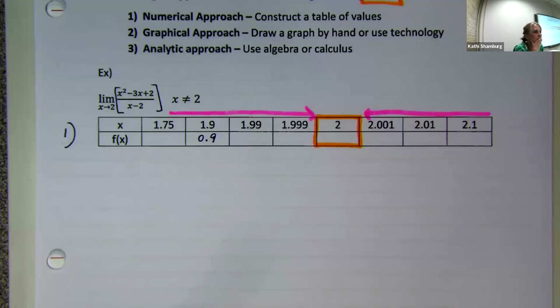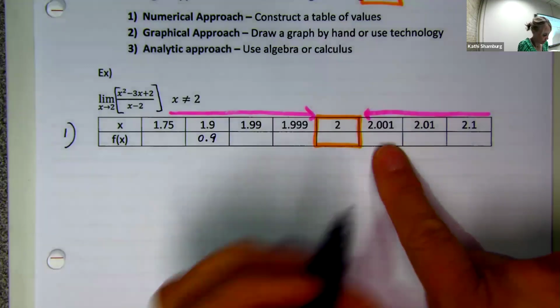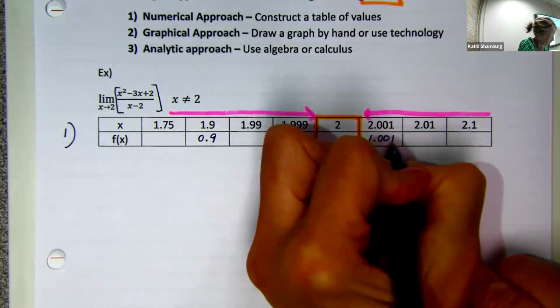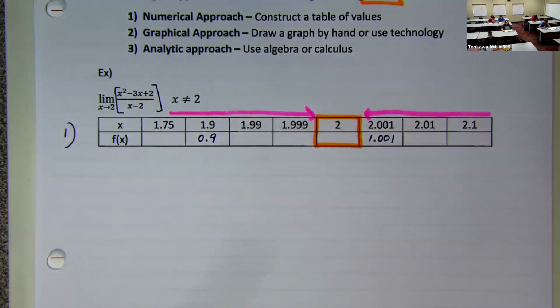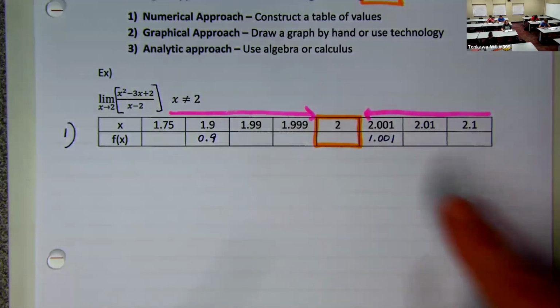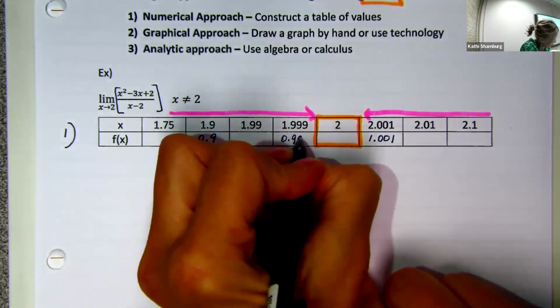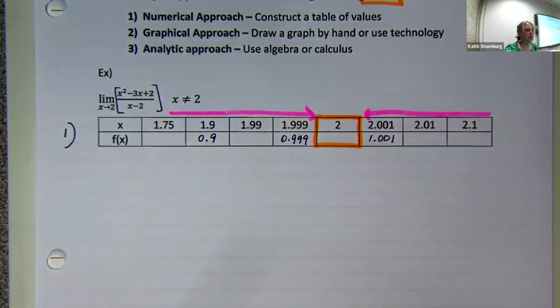I have the 2.001. I got 1.001. I did 1. I got 0.99. I'm going to start calling names individually. I've only got Enid people answering. I need somebody else to chime in.